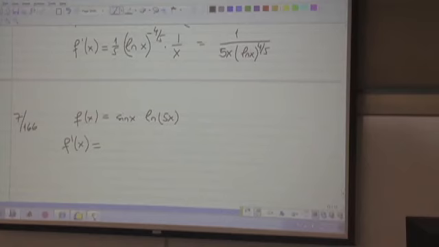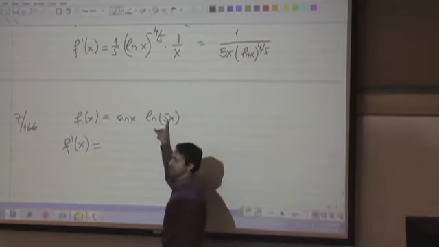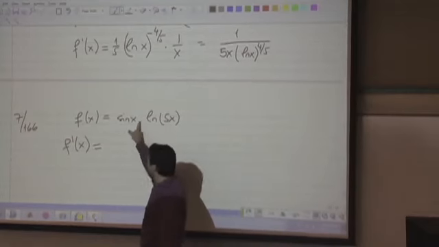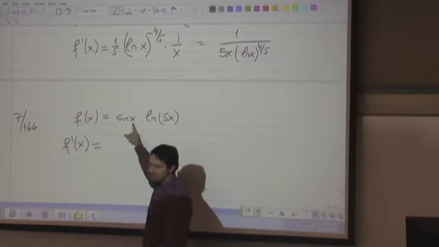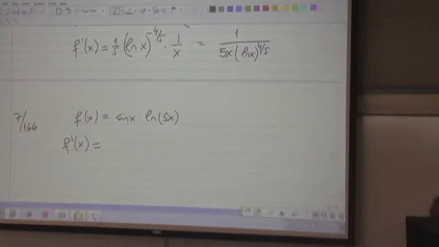So what are we looking at? We need a chain rule for what? We need a chain rule for this 5x, and we need the product rule for these two functions. So, what is the answer?